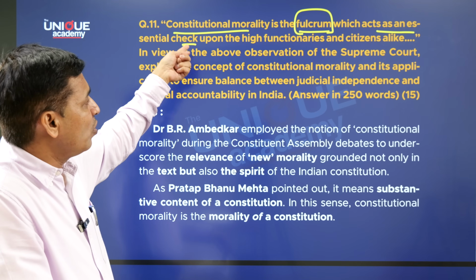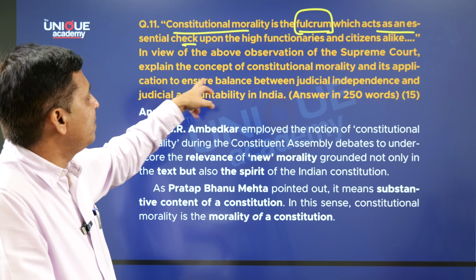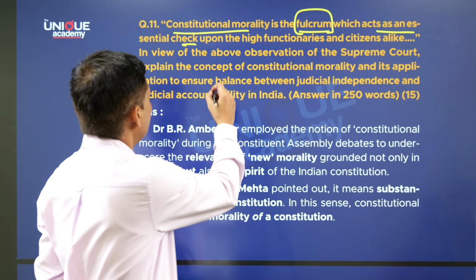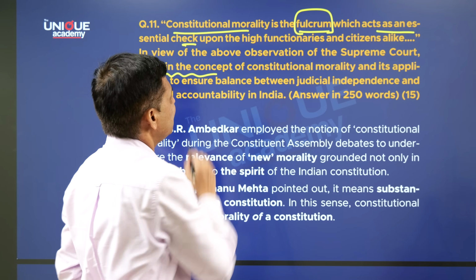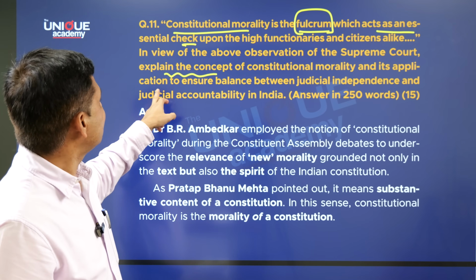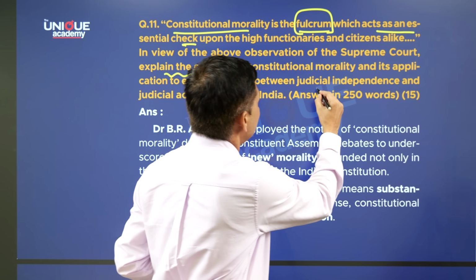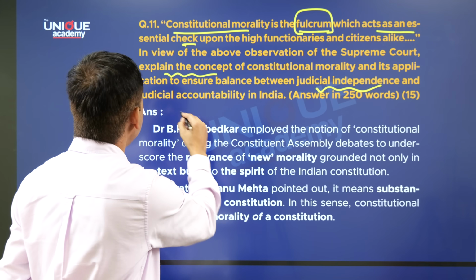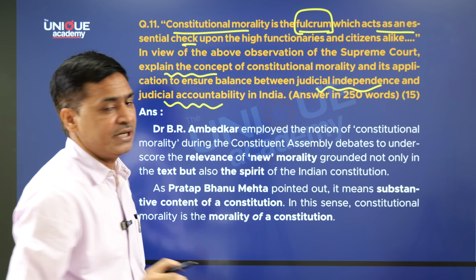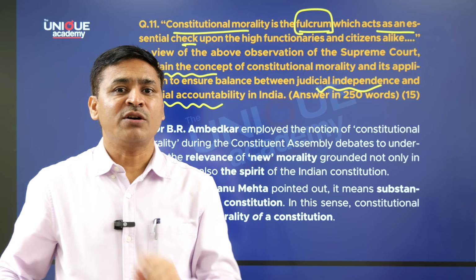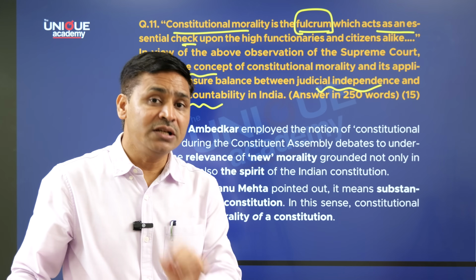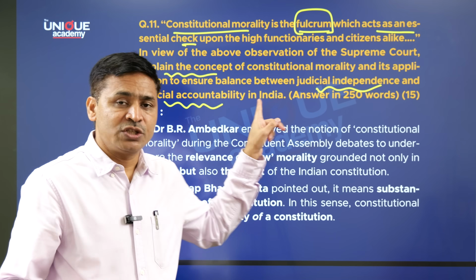Now, in view of the above observation of the Supreme Court, explain the concept of constitutional morality. So, explaining the concept and its application, to ensure balance between two things, that is the independence and judicial accountability. So, one of the 10 observations that we initially saw is this one.